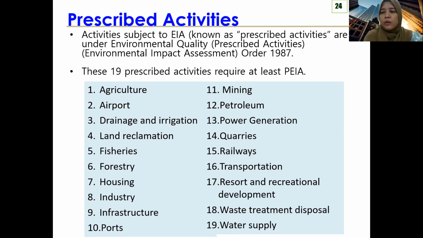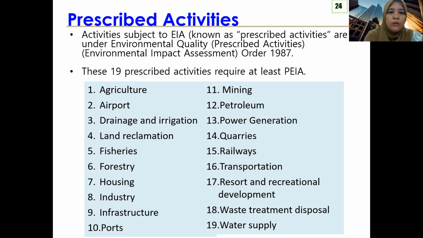If you rank from lightest to heaviest: PEIA, the preliminary EIA, and then the normal EIA. The third one, the heaviest, is the detailed EIA. Detailed means you have to go very detailed. The requirements are quite significant compared to the normal EIA and the PEIA.